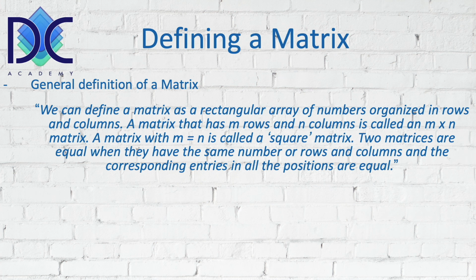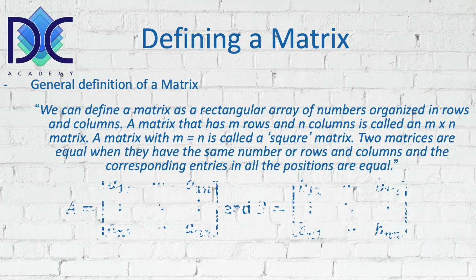No, m and n can be different values, but an m times n matrix can only be equal to an m times n matrix, not to an n times m matrix, although the number of fields would be the same. Now, the second rule to see that a matrix is equal to another one is that all the corresponding entries in all the positions are equal.